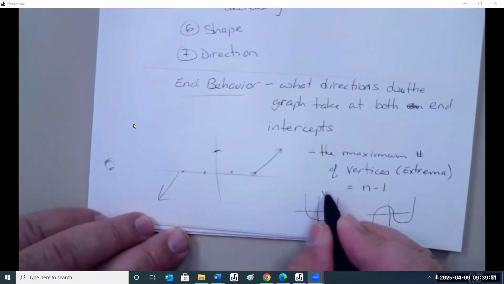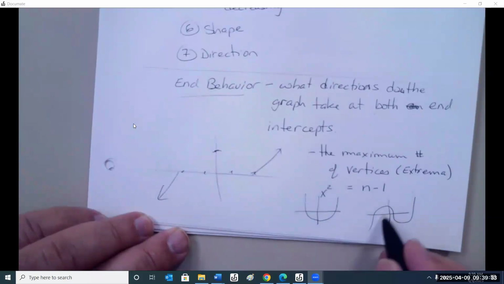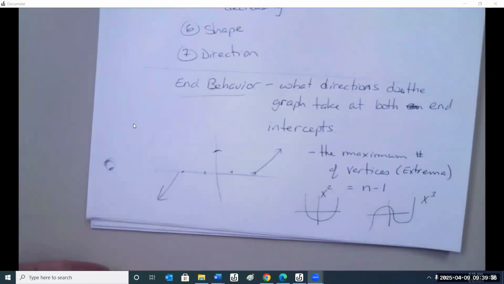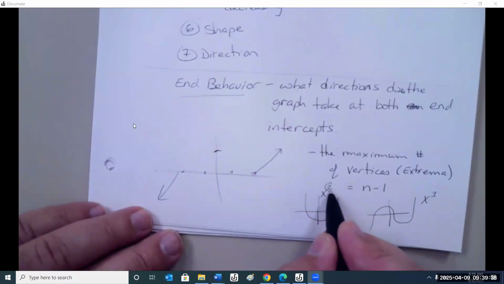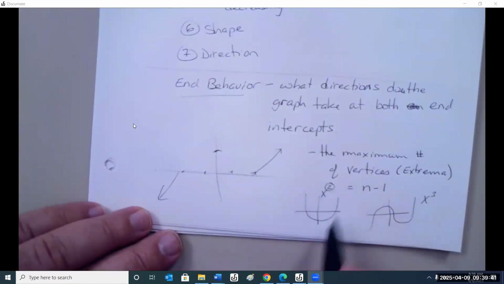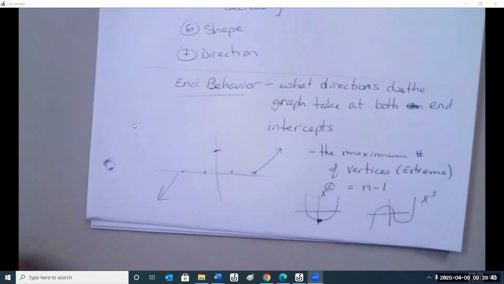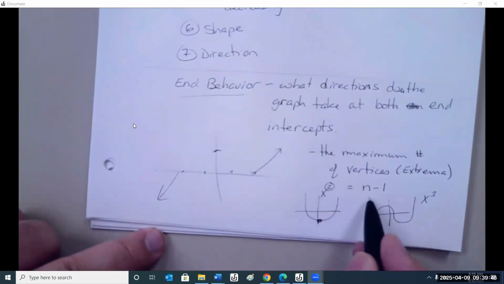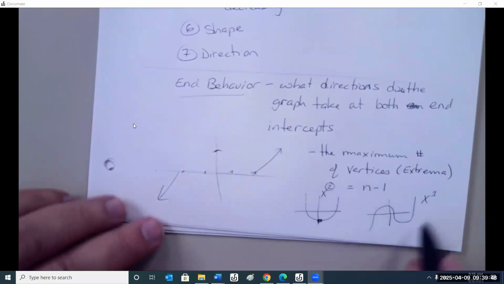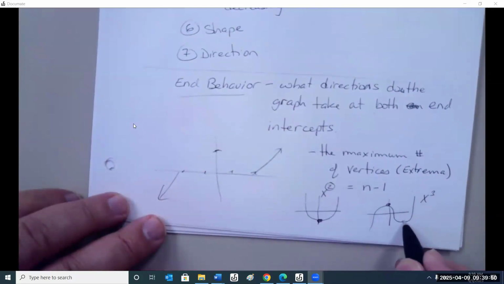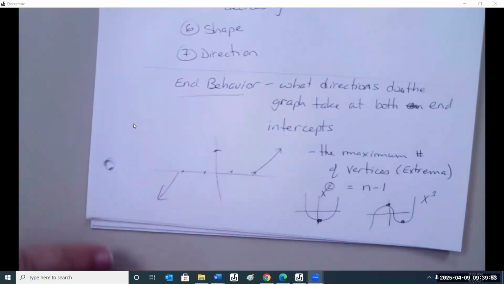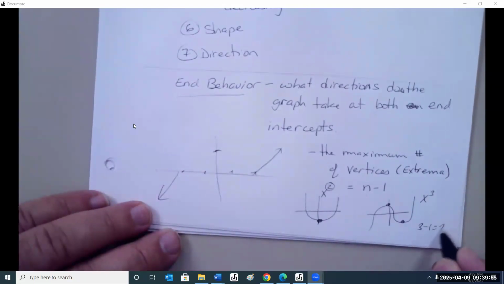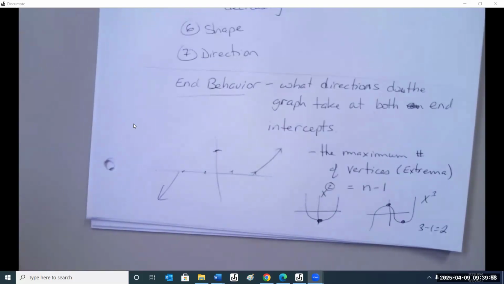This is an example of x squared. This is an example of x cubed, a cubic function. There's your n, that's your degree. So if your degree is 2, we'll have 1 vertex, because 2 minus 1 is 1. If we have a cubic function, the most vertices we can have is 3 minus 1, so 2 vertices. So it gives us another idea of what it looks like.